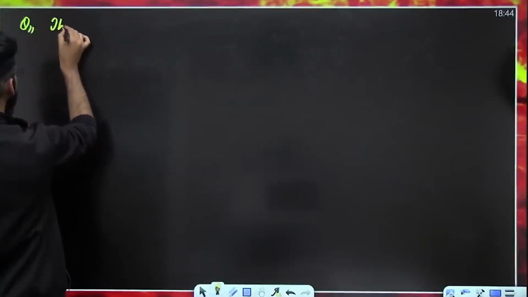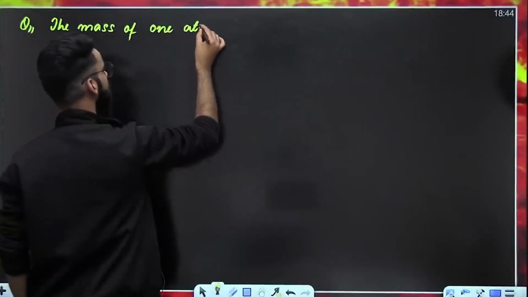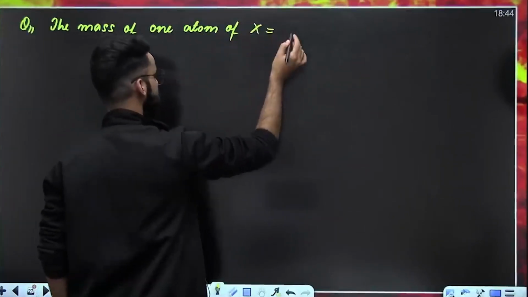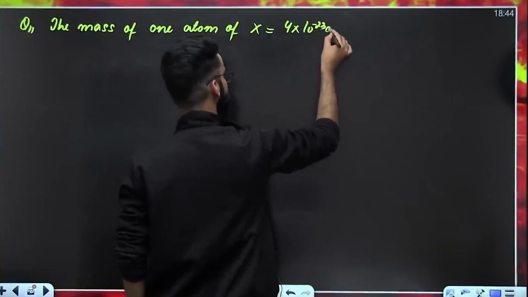For example, I'm writing the question like this. The mass of one atom of element X is equal to 4 into 10 raised power minus 23 grams.